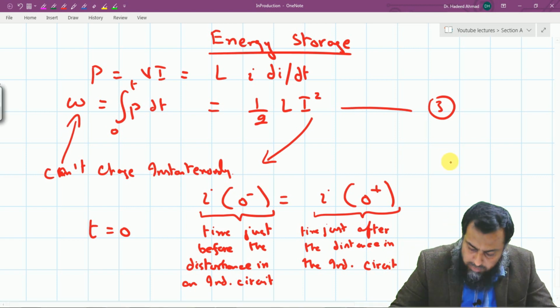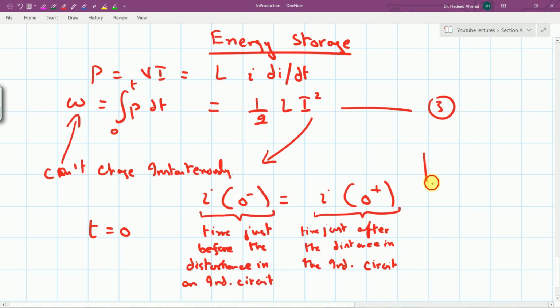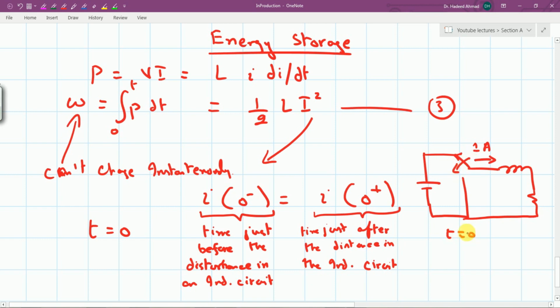For example, let us say that in this given circuit we have an inductance and a resistance here, right? Let us say that 1 ampere of current was flowing through this particular inductance. This is a switch. At time t equal to 0, I move this switch from position number 1 to position number 2.